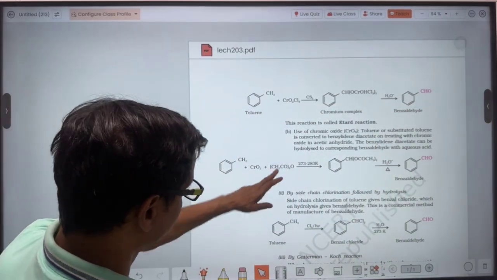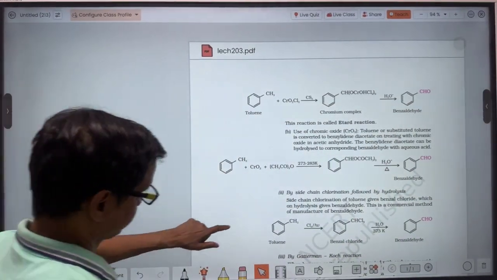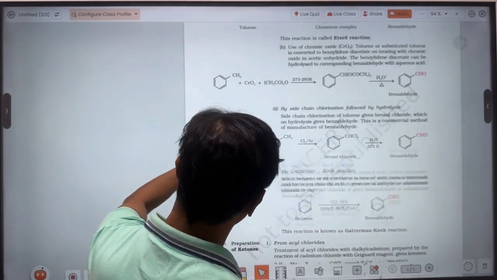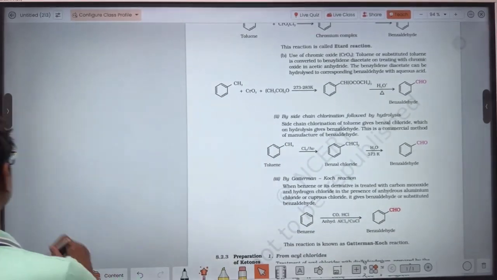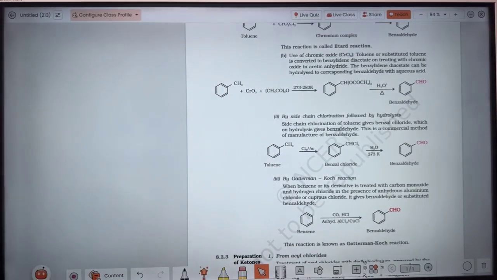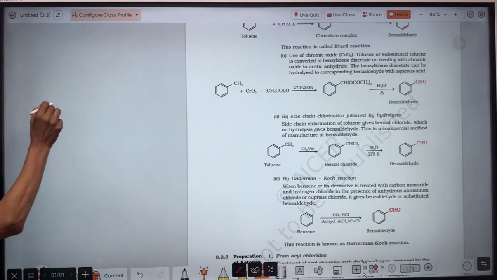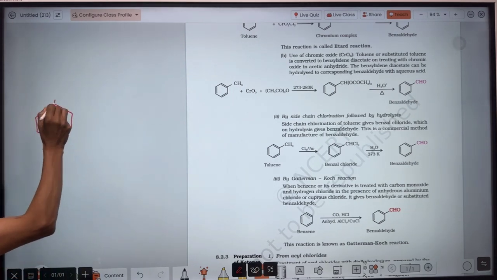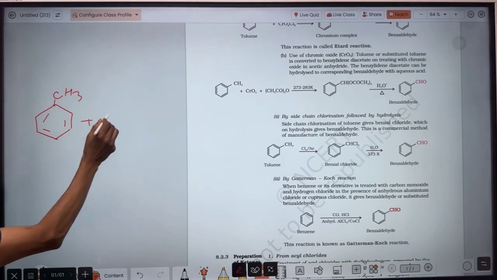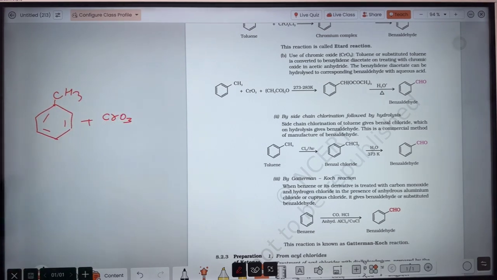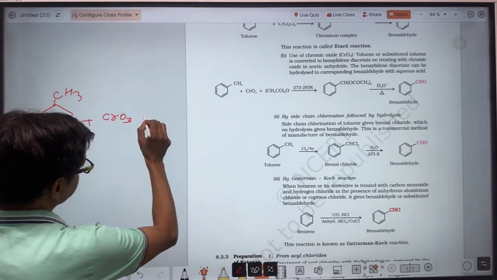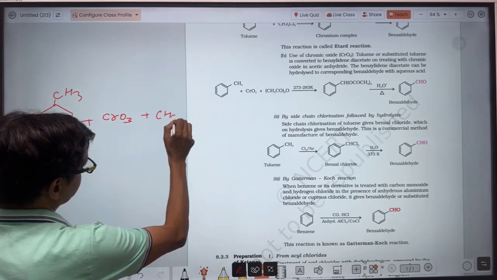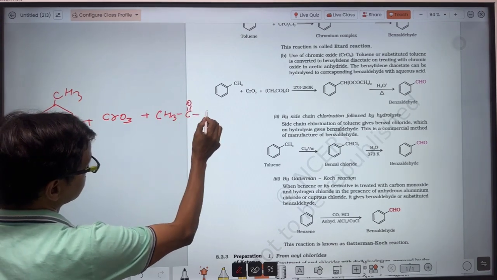Same, then after this reaction with chromic anhydride. Toluene reacts with chromium trioxide and acetic anhydride. Acetic anhydride will be like that.